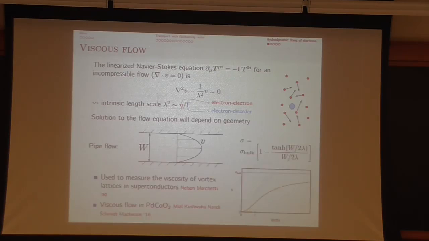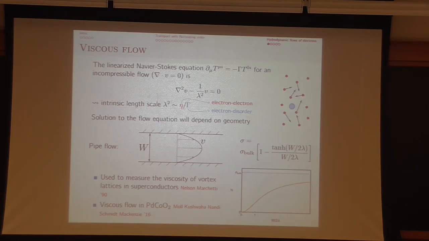One of the simplest geometries you can imagine is a pipe flow. This is a standard textbook exercise in hydrodynamics. The solution is some parabolic velocity profile. Now with this mass, the solution is a bit different, but as expected, the conductivity of this system will be some function of the width of the system, the only length scale here, divided by the intrinsic length scale.